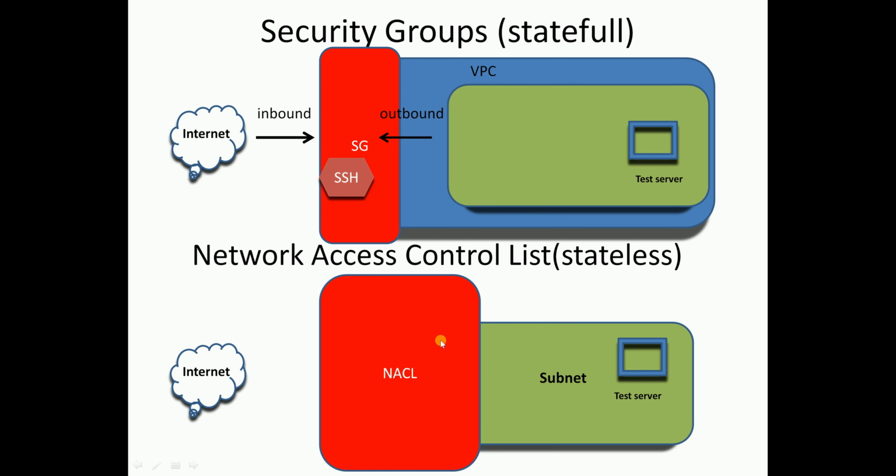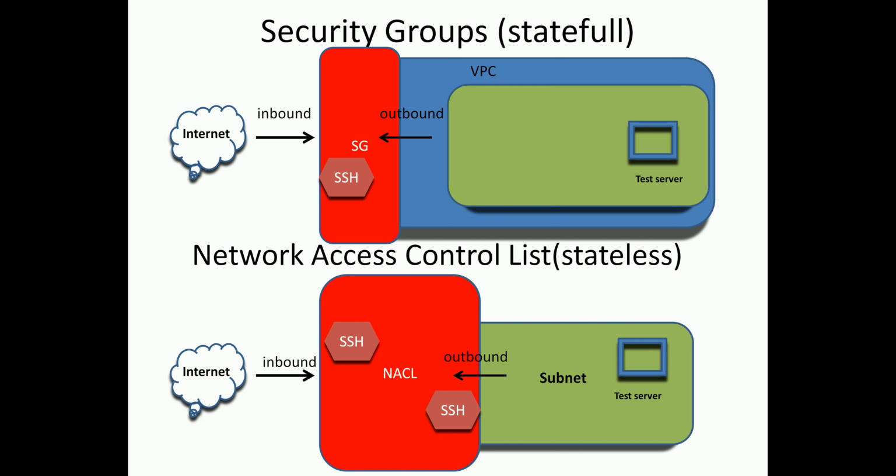But in NACL you have to configure both inbound and outbound, and you can also allow or deny inbound or outbound traffic, whereas in security groups you can only allow, there is no deny. Not giving any rule means it is denied. In a network access control list you also need to specify whether to allow or deny.